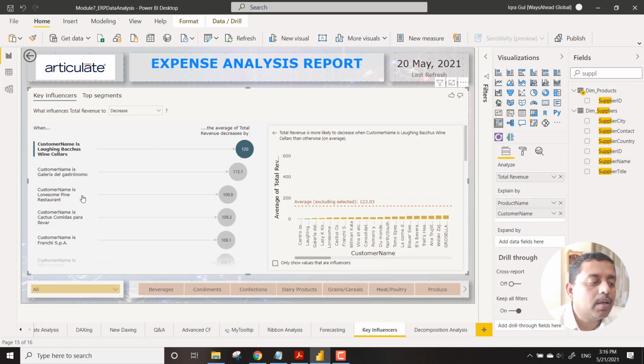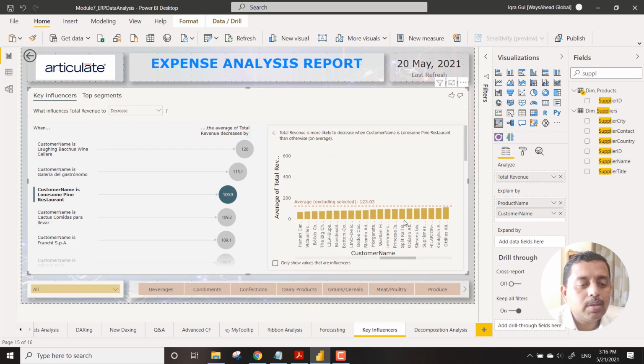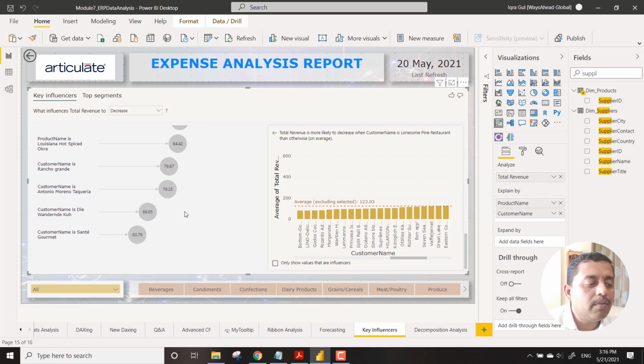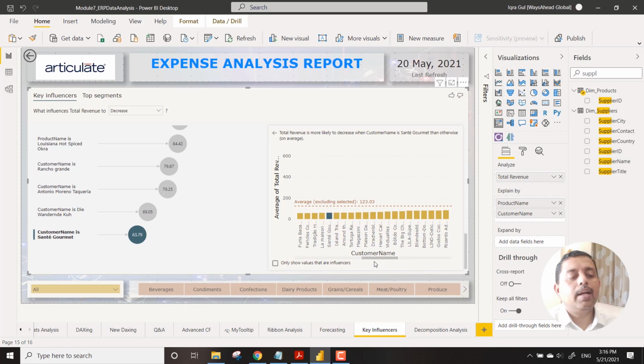For a customer called Pine Restaurant, it captures till the average part. If you go towards the right side, you can see it captures the bottom and the top, applying an 80-20 kind of principle, and then it gives you this understanding of the data. This is key influencer.